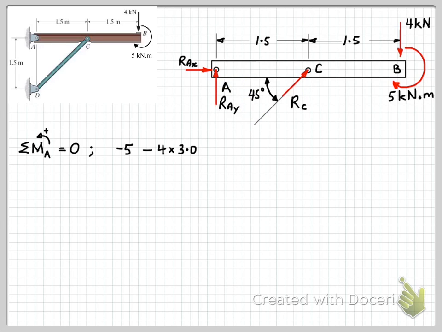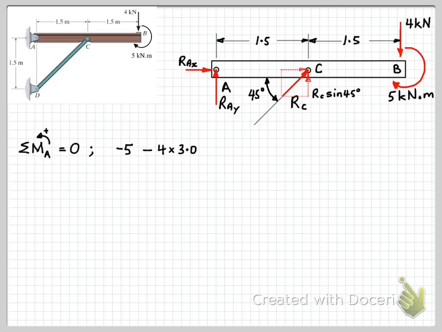Okay, so I've just removed all that blue writing just for clarity, and we've put in our horizontal and vertical components as we discussed, and we can also put on the values in fact. So here the vertical component will be RC sine 45.